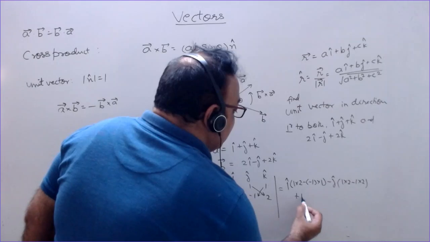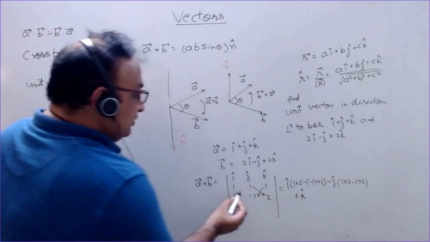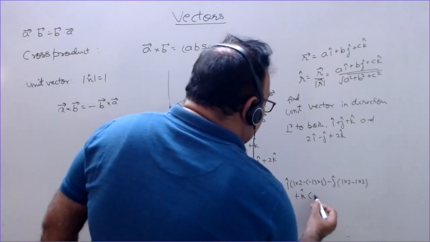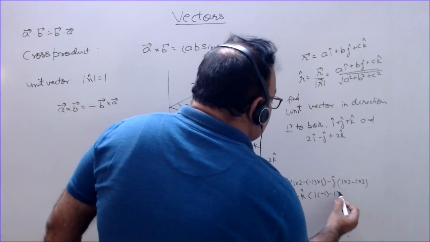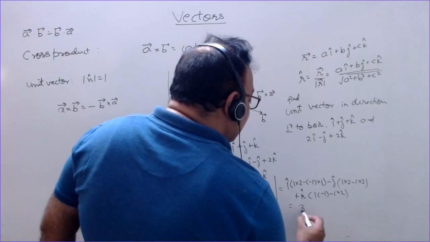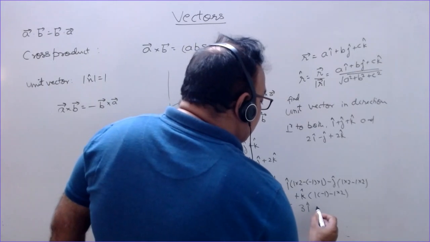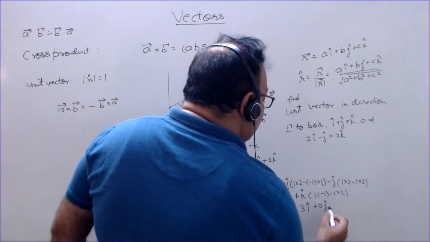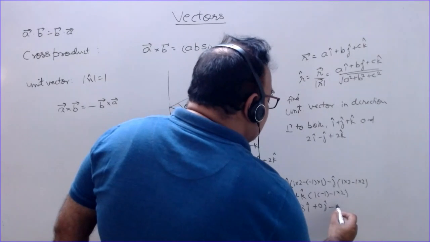Third one with a plus sign, k into 1 into -1 minus 1 into 2. So this is equal to 3i plus 0j minus 4k.